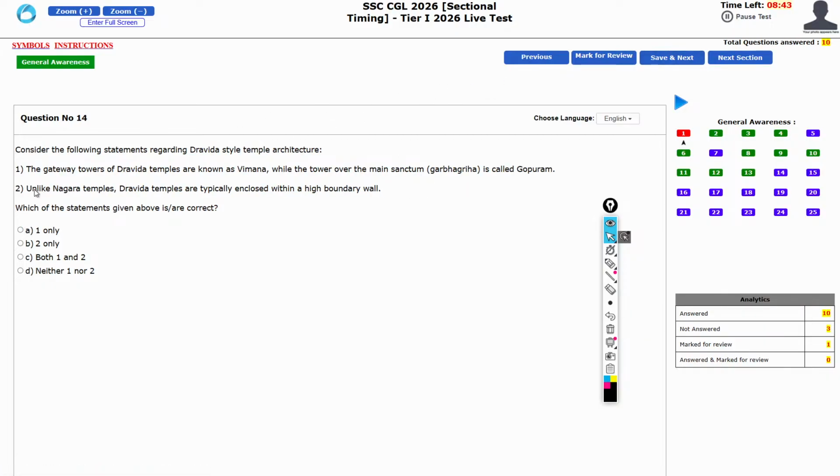Next one is the gateway tower of a Dravidian temple known as Vimana. I don't think so. Vimana is the top of the sanctum, while the gateway tower means Gopuram. Maybe, but the first one is incorrect. Unlike Nagara, Dravidian temples are typically enclosed with high boundary walls. Is it so?